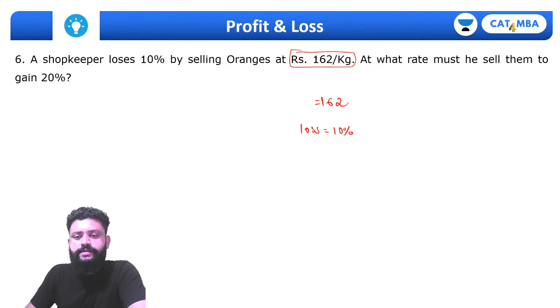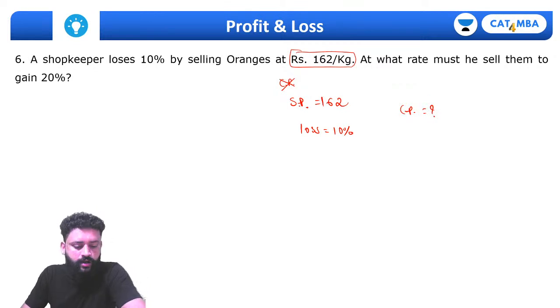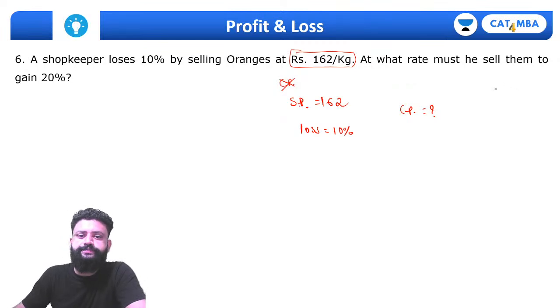This is not cost price, right? Okay, this is selling price. You should understand that, that's the important thing. And now we are supposed to find the cost price. Shivam, 150 is not the right answer. It's not 150.